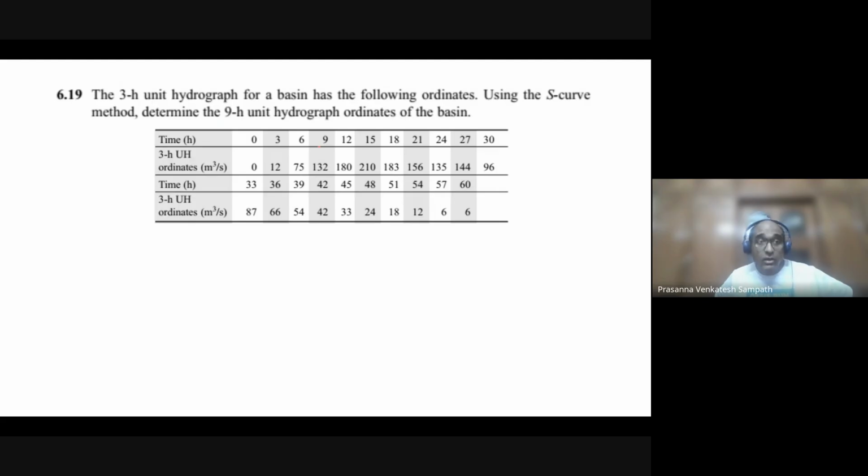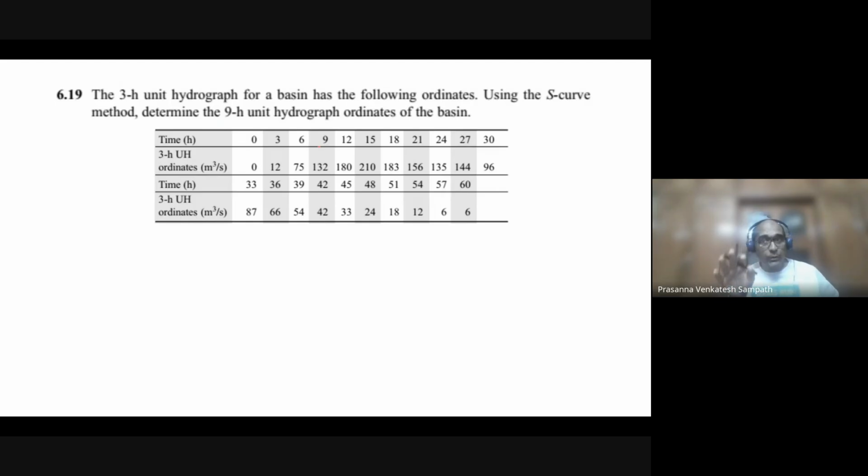In this case, although it is an integer multiple, I have a 3-hour unit hydrograph and I'm asked to produce a 9-hour unit hydrograph. Between 3 and 9, of course, it's an integer multiple, right? I can just use the method of superposition. Take this unit hydrograph, lag it once, lag it twice, add them up, divide by 3. That will give me the answer for the 9-hour unit hydrograph.